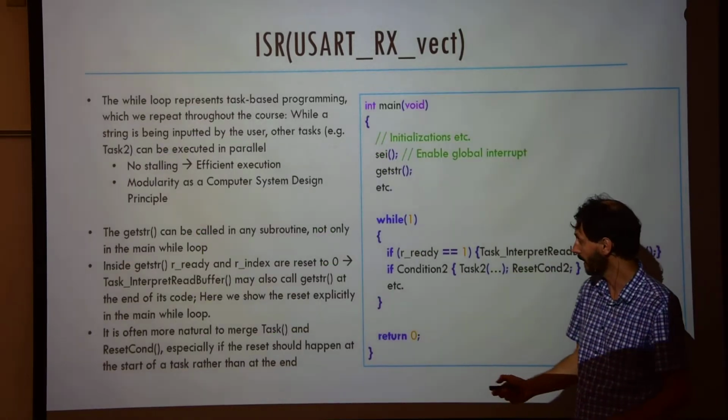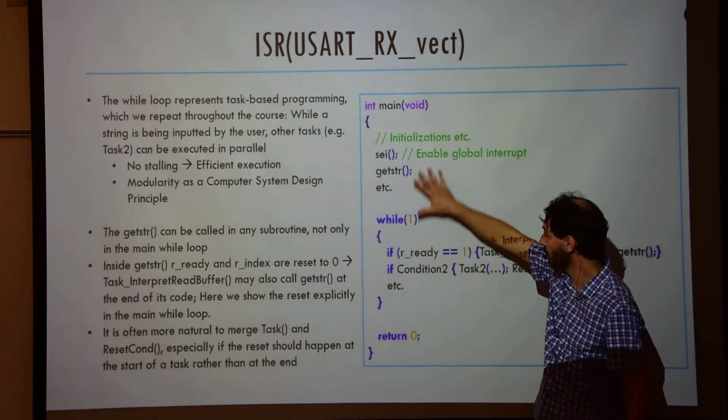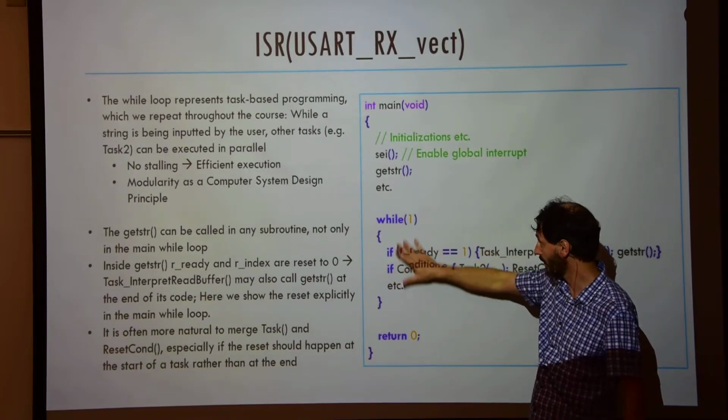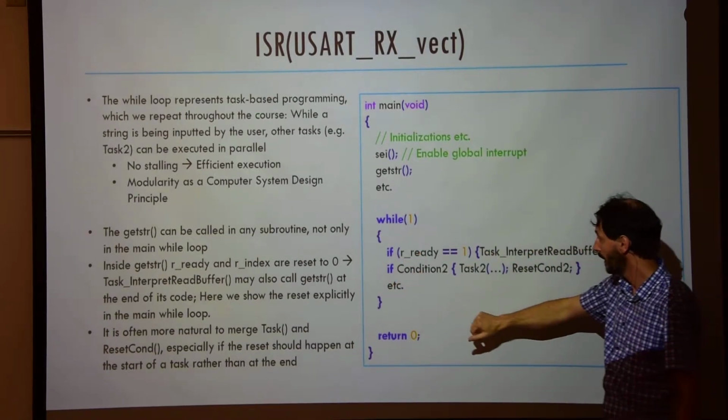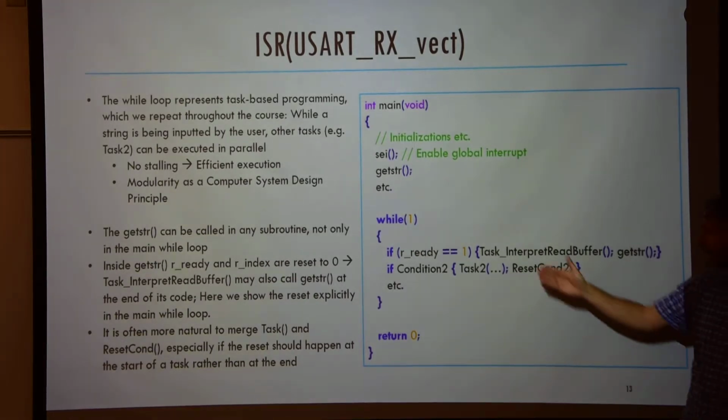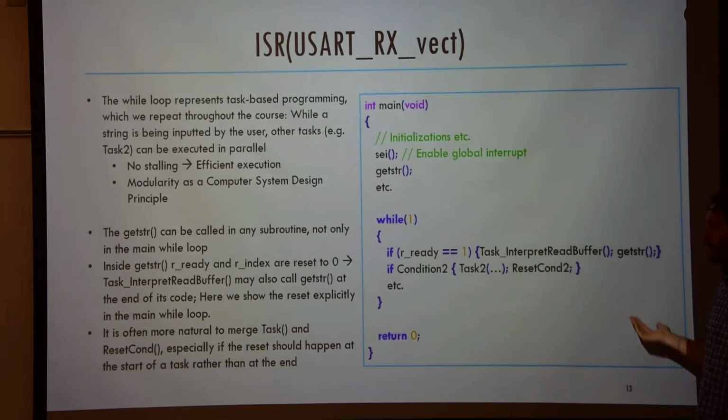So that's one thing, and I like to really stress this programming style now. It's really important. We have this kind of infinite while loop, and we're just checking for whether certain conditions are met, and then the corresponding task can execute. Take another example.